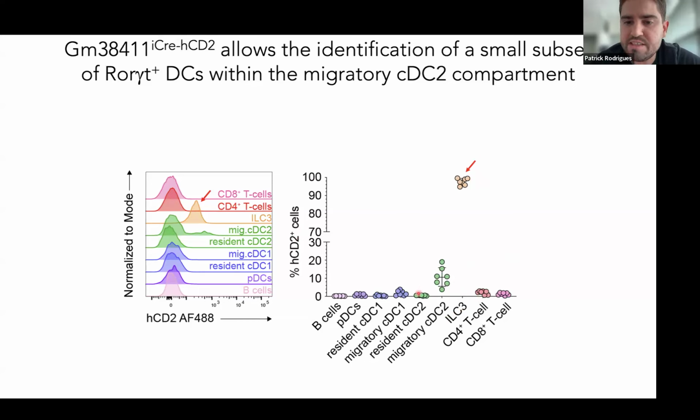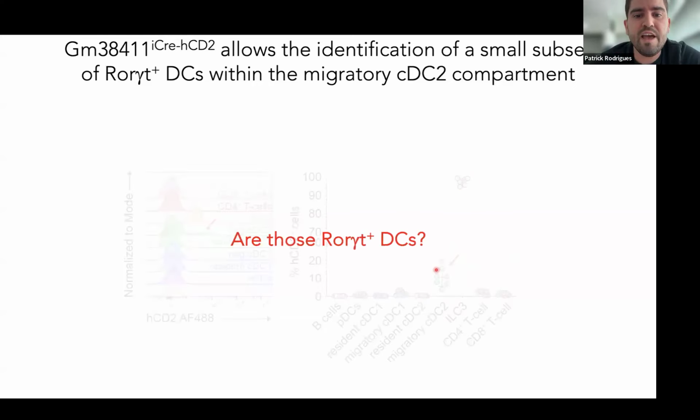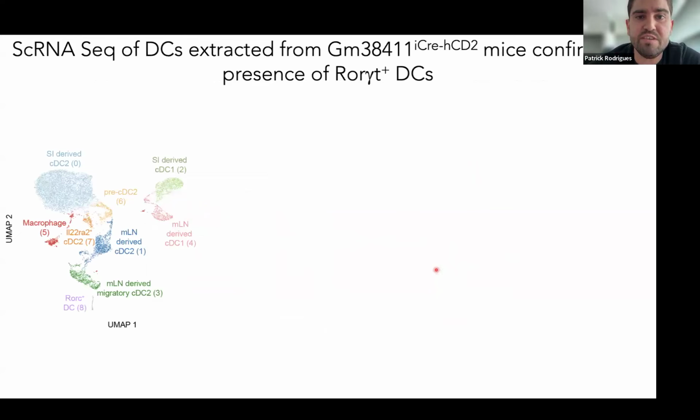What we also realized is that within the migratory DC2 compartment, there was a small fraction of cells which also expressed the human CD2 construct. Obviously, we were wondering whether these are actually the Rorg-T DCs. And to assess this question, we performed single-cell RNA sequencing from our reporter mice. We harvested small intestine lamina propria as well as the mesenteric lymph node compartment, and we were able to detect a very tiny population of Rorg-T DCs.